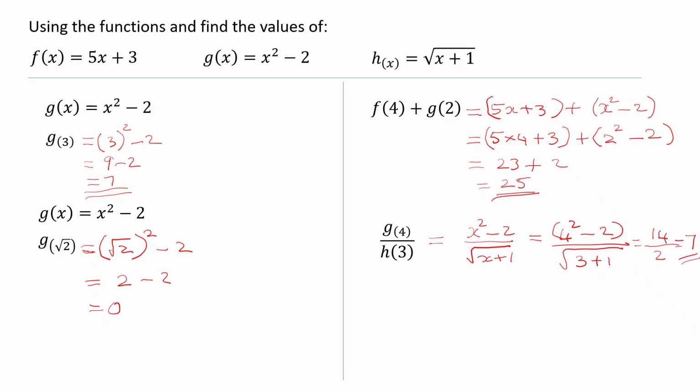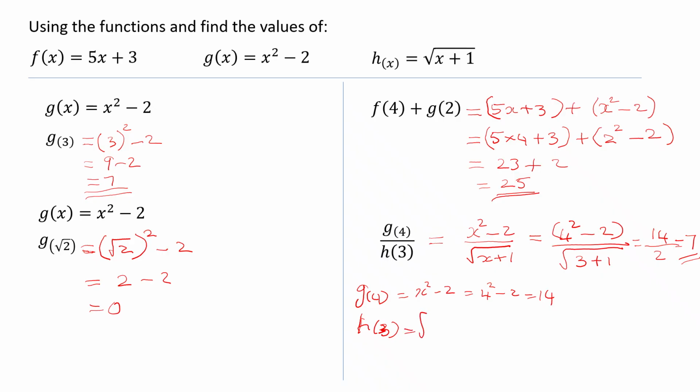You can do it separately. I'm going to show you. So g(4): x squared minus 2, which is 4 squared minus 2, which is 14. Then you can find h(3).